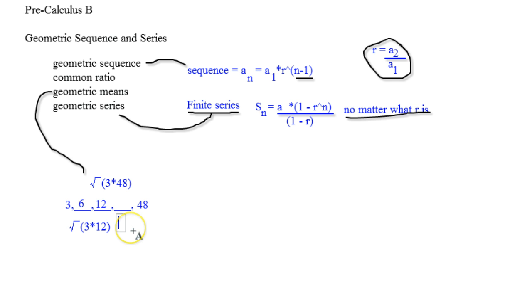And this one should be the square root of 12 times 48, which will actually be just 24. Okay. Alright, so when we are working with geometric means, make sure you're multiplying it, but then you square root. In arithmetic means we added and then divided by 2, but in this one we square root. Okay. Alright, so that's it for just working with it.